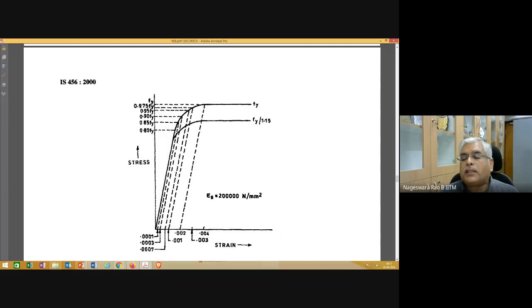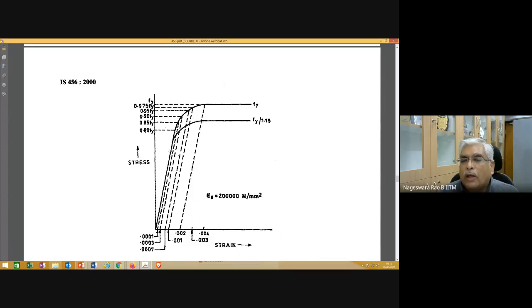That is the definition of yield stress, and where this dotted line intersects the stress strain curve, that corresponds to your yield point Fy. Is it clear? And similarly for other strain values, this point is corresponding to 0.1% extension, and similarly the others: 0.07% extension, 0.03% extension, 0.01% extension.